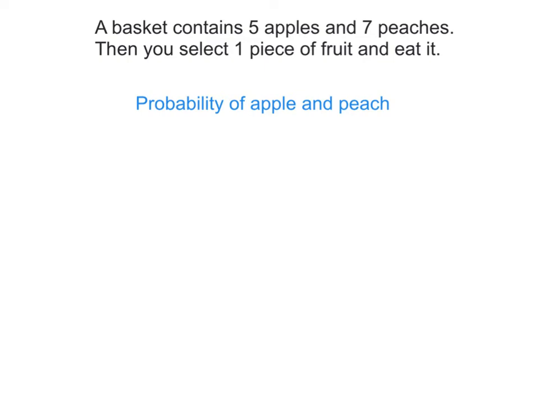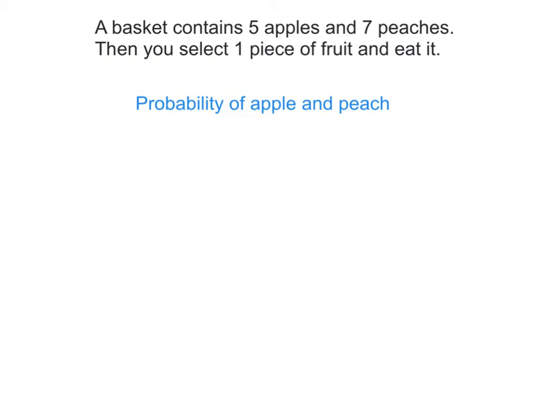Now, you might be asking yourself, okay, what's the difference between this problem and the last problem? Well, let's look at the last problem. I asked for the probability of the first event being an apple and the second event being a peach. So I wanted that order. In this particular problem, I don't care about order.